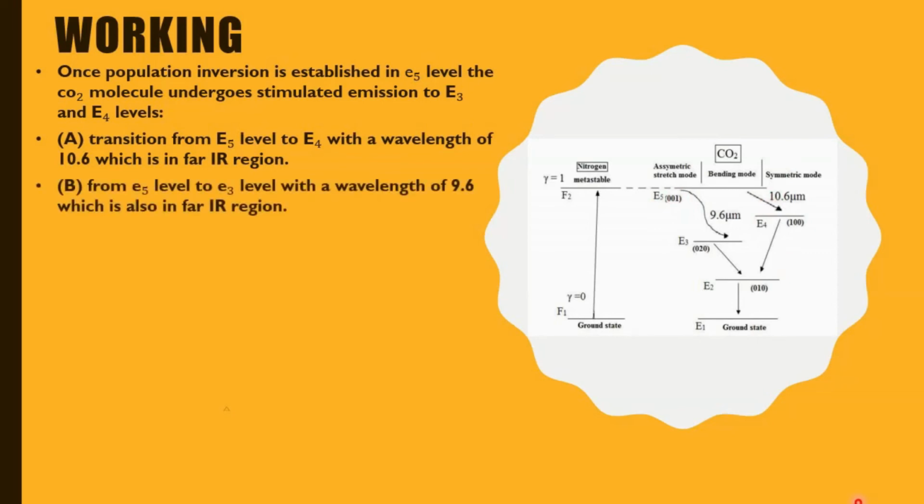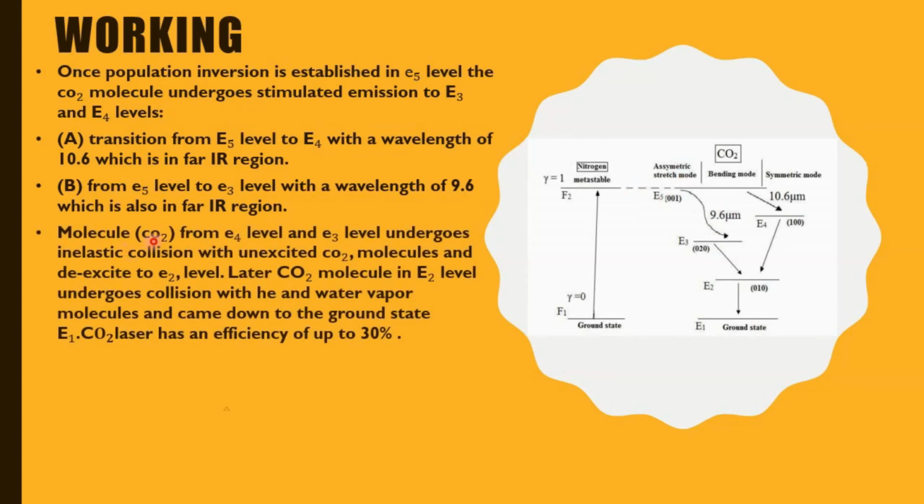The other is from E5 to E3, with a wavelength of 9.6 micrometers, which is also in the far IR region. This happens when E5 reaches population inversion.